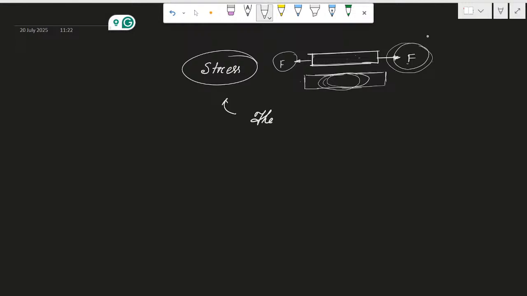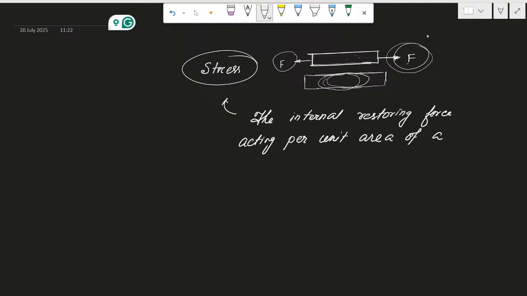The internal restoring force acting per unit area of a deformed body.